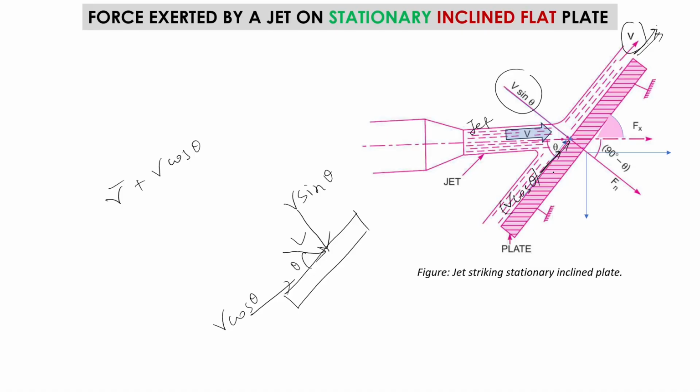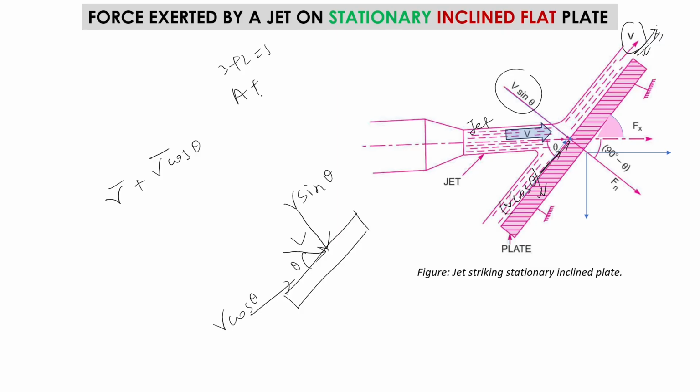So you can ask that this v cos theta and this v should be added to get the resultant velocity, because both of them are vector quantities, and we know how to add two vector quantities. You cannot simply add them like scalar quantities, like 3 plus 2 is equal to 5.